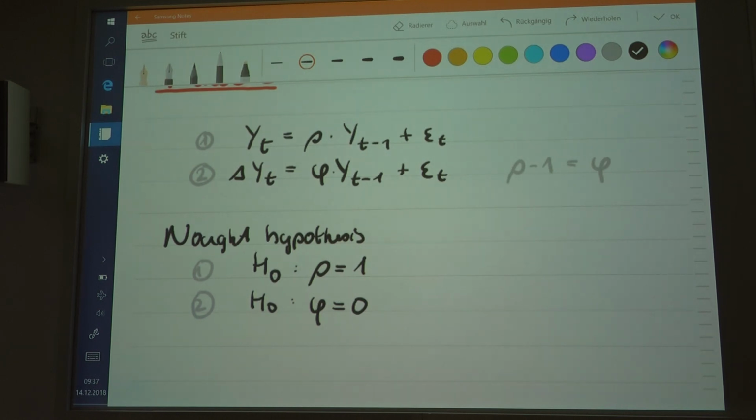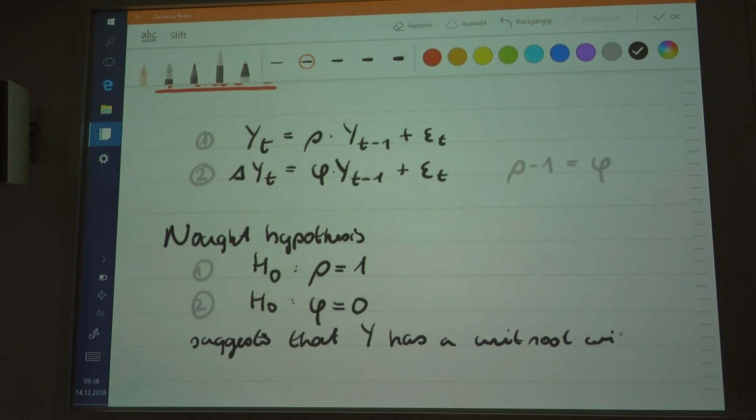And this means that if these things are true, then the null hypothesis suggests that y has a unit root with 0 drift. So, a unit root process with a 0 drift.